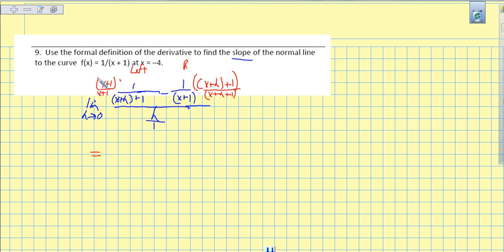Well, we have 1 times x plus 1 for the numerator, and then we have minus, remember we have our minus sign right here that's going to distribute to everybody, so we have minus x minus h and plus 1, oh, excuse me, minus 1.